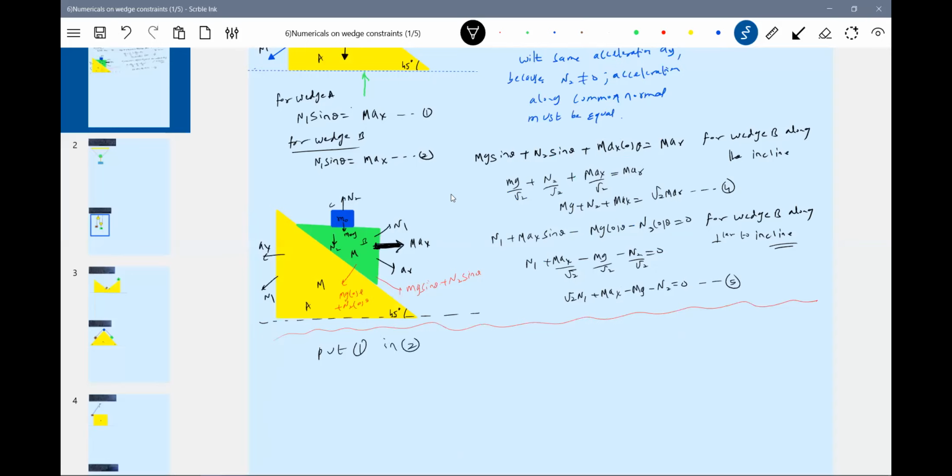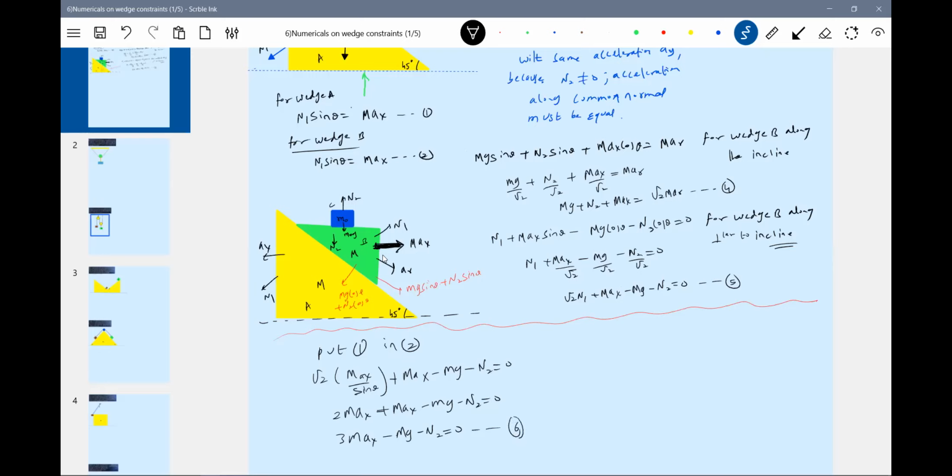What is the value? Root 2 MAX sin theta minus MAX minus mg minus N2 equals 0. So it will become 2 MAX plus MAX minus mg minus N2 equals 0. So this will become 3 MAX minus mg minus N2 equals 0. Call this equation 6.